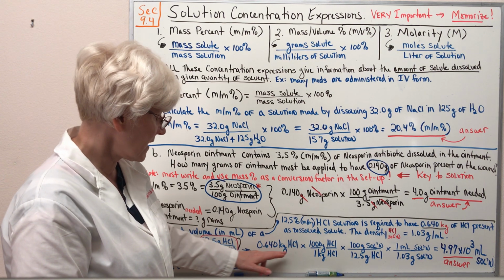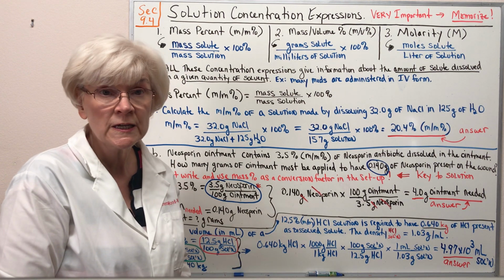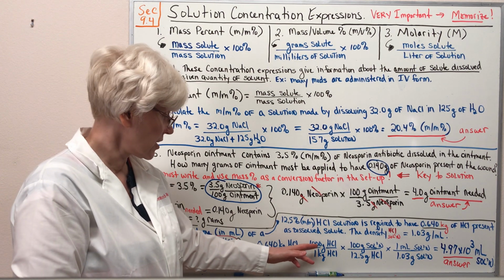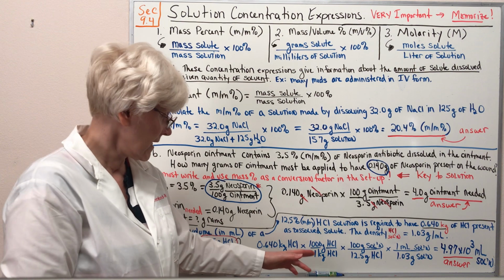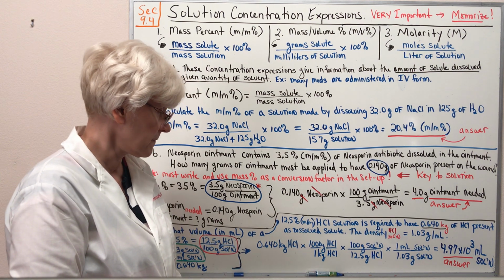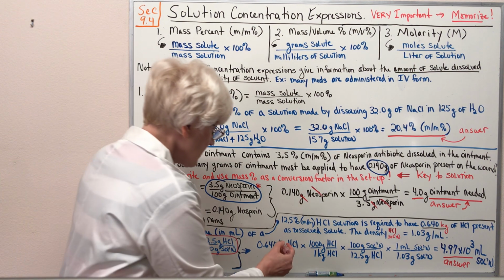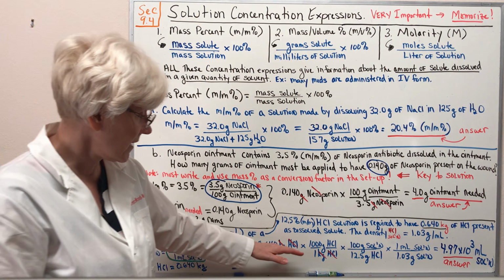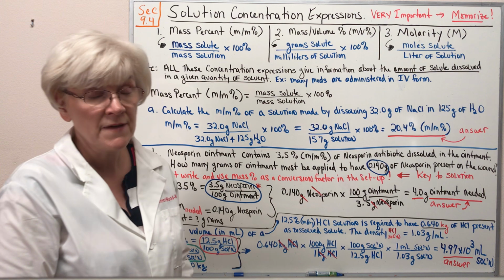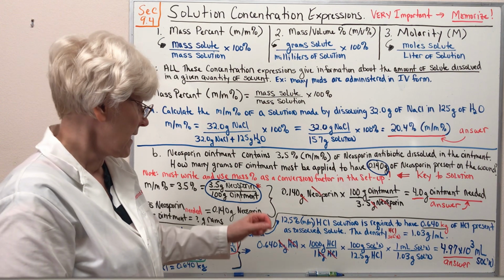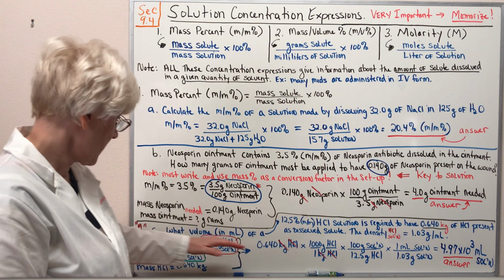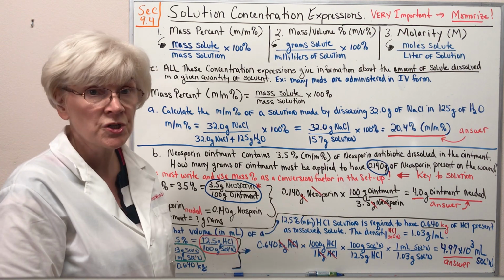So I'm taking the kilograms and quickly converting to grams of HCl using the relationship 1,000 grams is equivalent to 1 kilogram of HCl. If I stop my problem right now, I've just calculated how many grams of HCl solute is needed. But I really want to know about the volume of the solution.